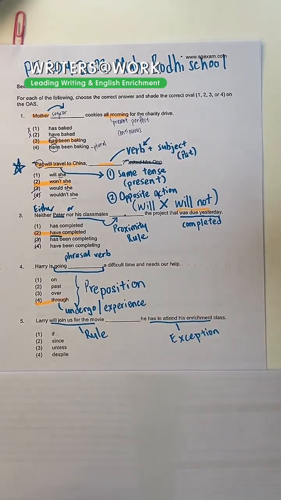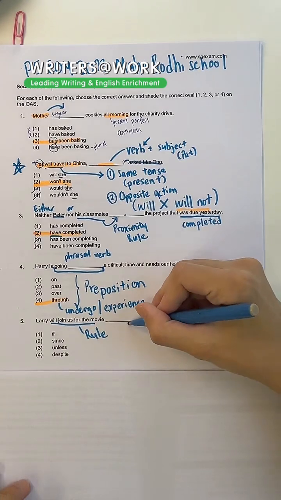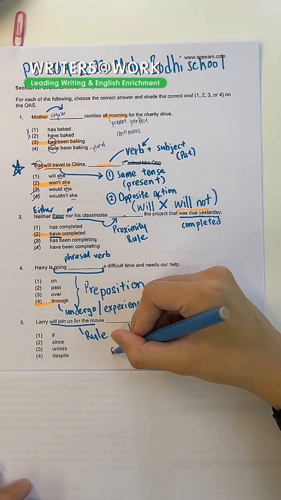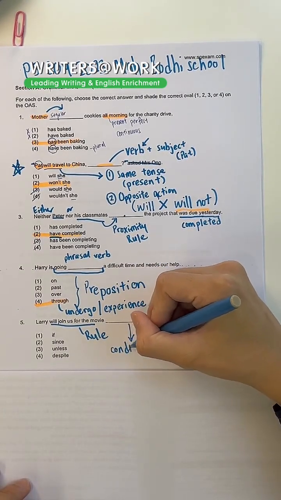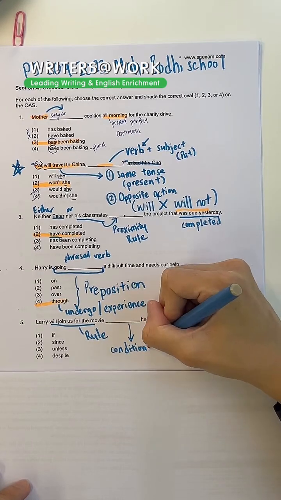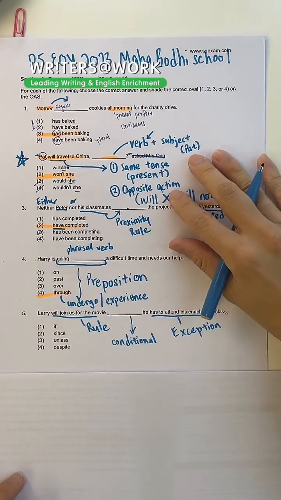So this is the exception over here to the rule that he will join us for the movie. In this case over here, which conjunction is being used to indicate an exception to the rule? You're looking for a conjunction that serves as a conditional, to introduce a condition for then joining the movie.